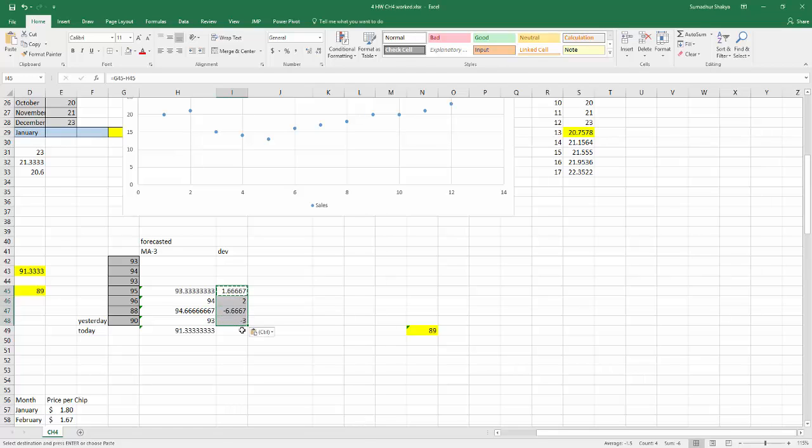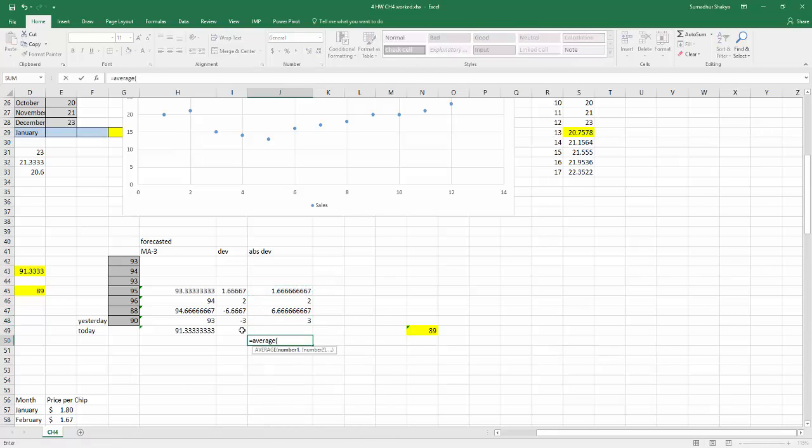This is how far off we were. Then we calculate absolute deviation, which equals the absolute value of the deviation. You could have done that in a single cell, but I'm just showing you how it is done. And then we have to calculate the average, or the mean, of these absolute deviations. So this becomes MAD for the 3-day moving average.